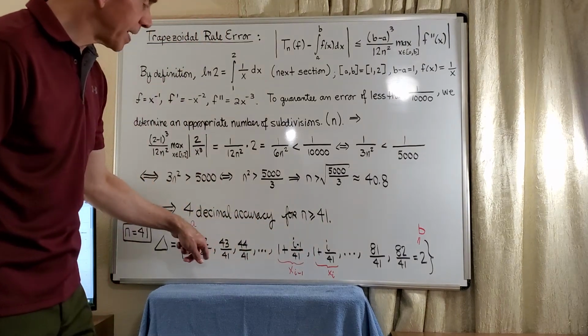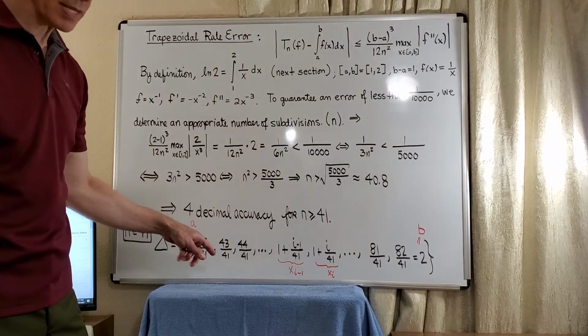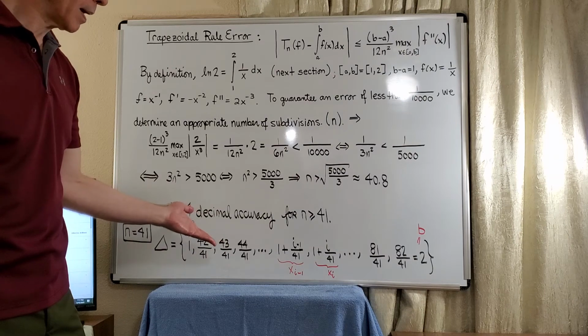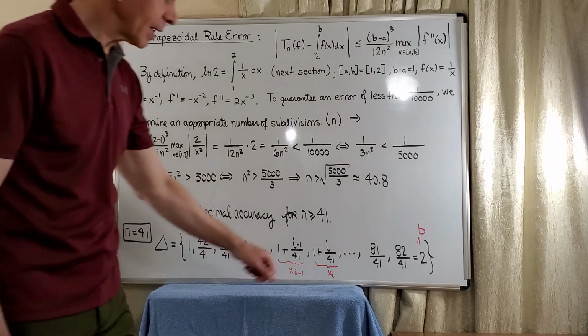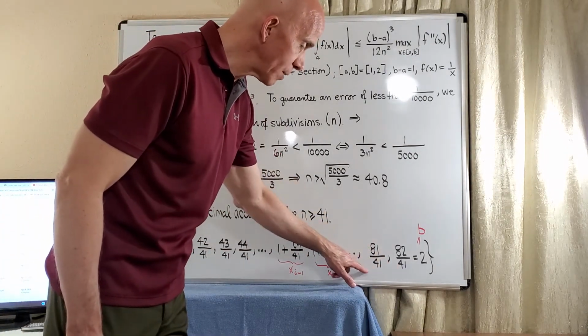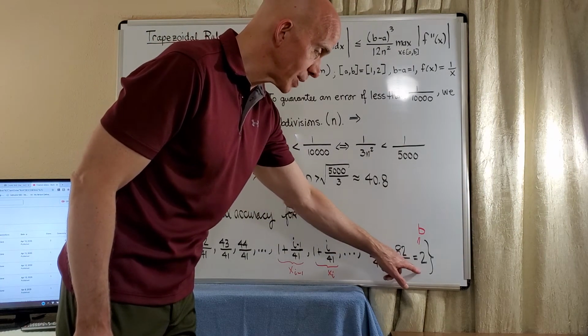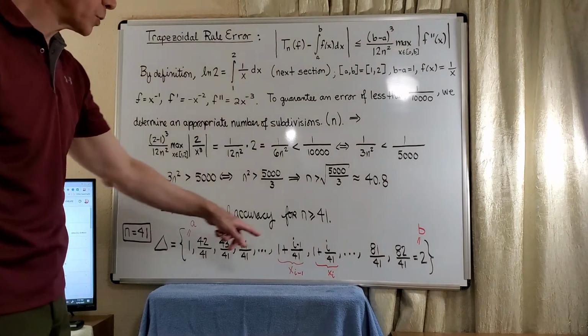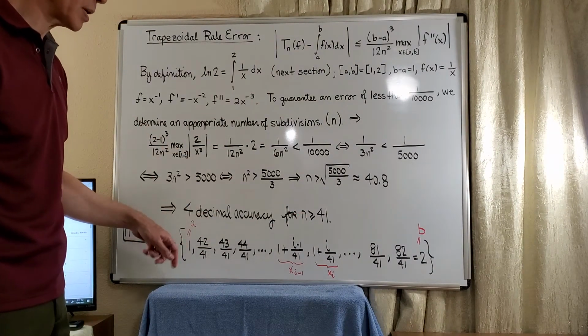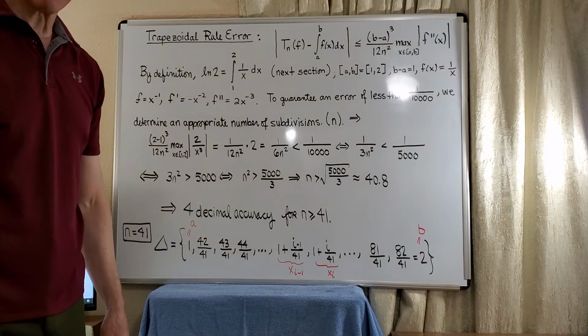And of course, these could be your evaluation points, just like doing the limit of a sum. And then as we move through, we have 81 over 41, and then 82 divided by 41, which is 2. So there are 42 elements in this partition, which make 41 subdivisions.